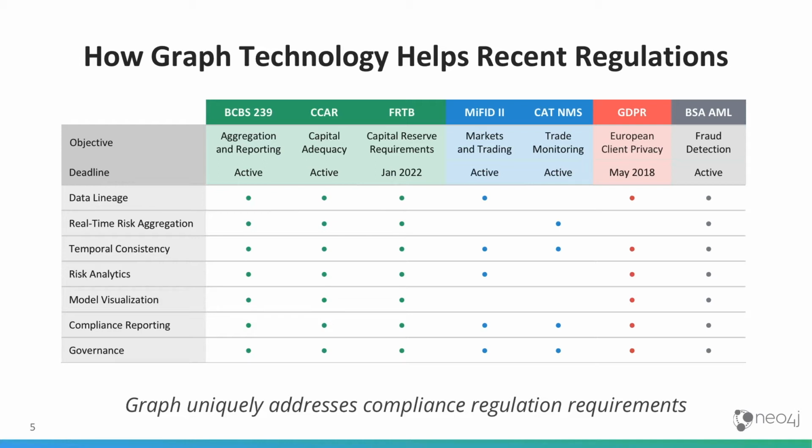So these are all key factors in all of these regulatory compliance requirements, and graph technology is the right technology to really bring this to bear in a real-time fashion.